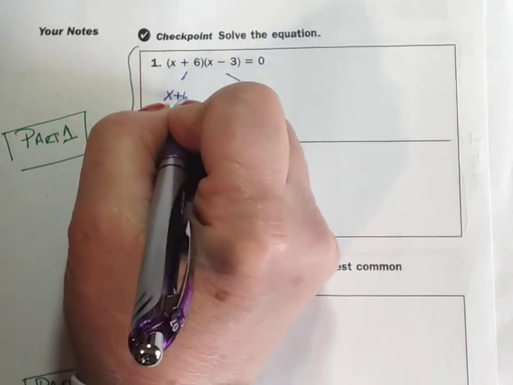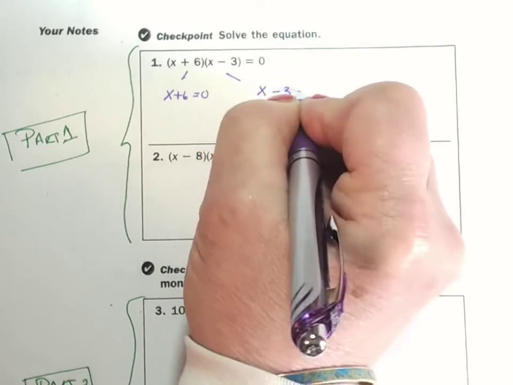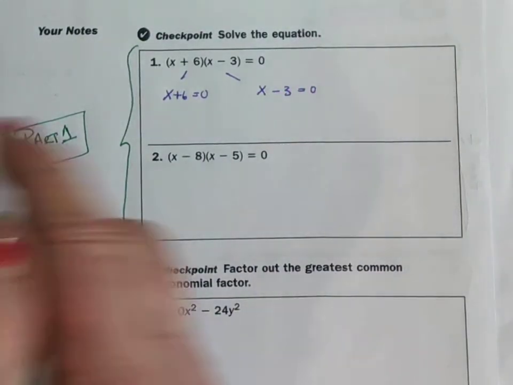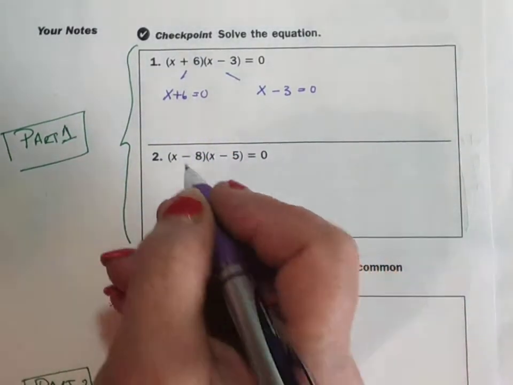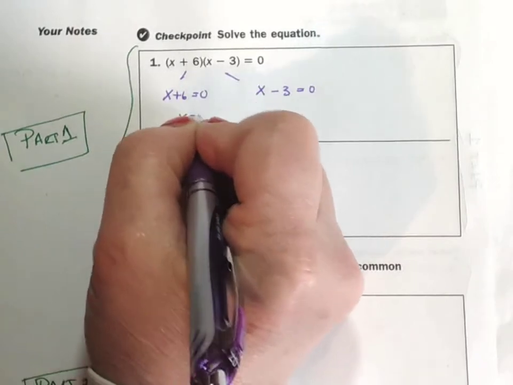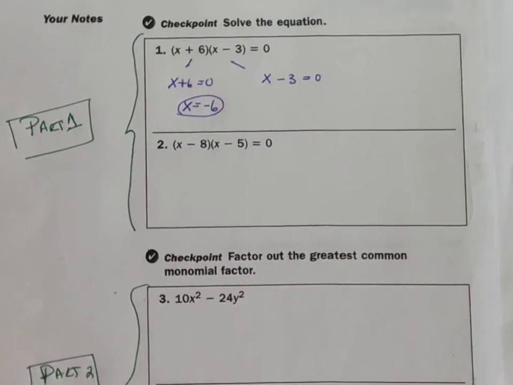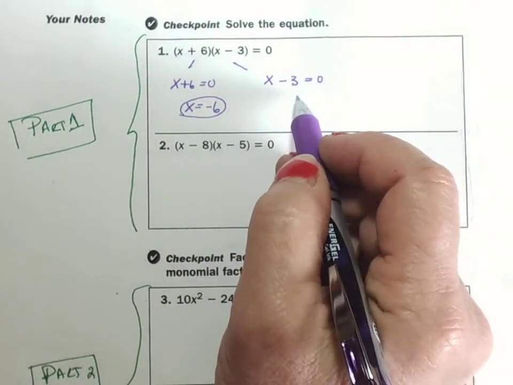X plus 6 is equal to 0, and x minus 3 equals 0. All right? Now mentally you subtract 6 from both sides, and you get x equals -6. Now, if you need to show work, but in this case, it's pretty straightforward.